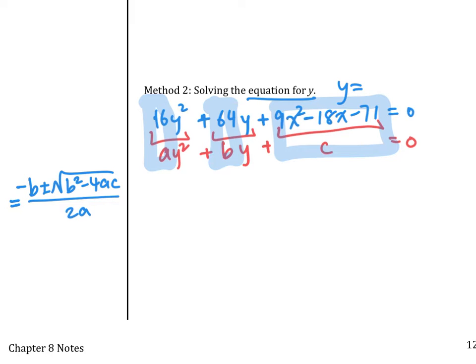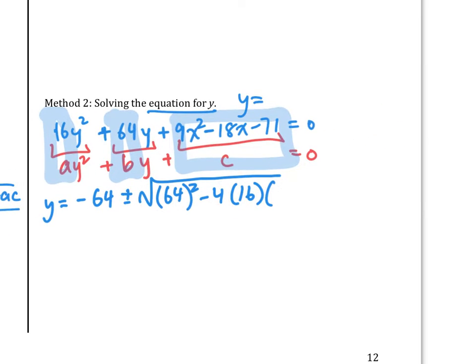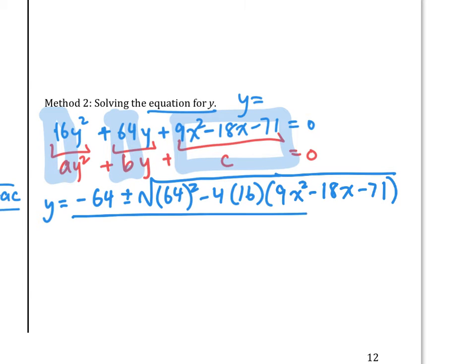All right, let's go ahead and apply the formula. y equals negative b, which is 64, plus or minus the square root of b squared, 64 squared, minus 4 times a, which is 16, times c, which is this entire thing, so you have to make sure you write everything in there, even the x, all over 2a.